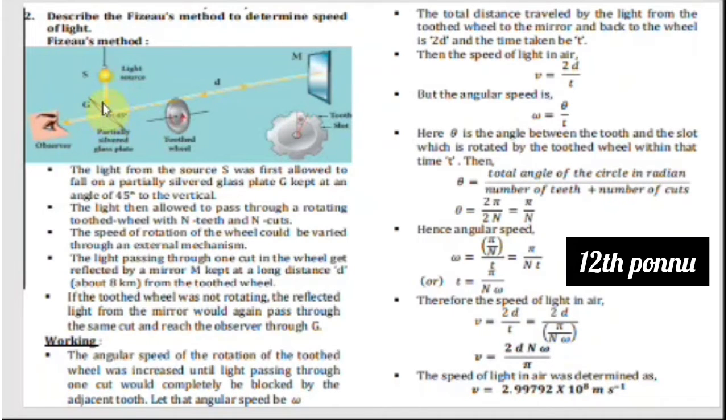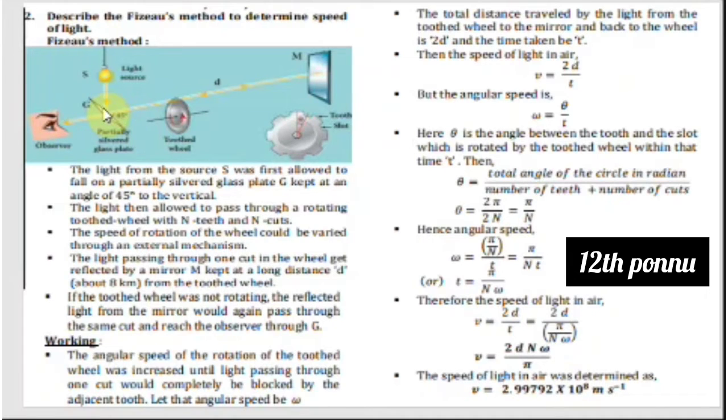So what is the glancing angle of this glass? Glancing angle means the angle between the incident ray and the glass plate. It will be 45 degrees.